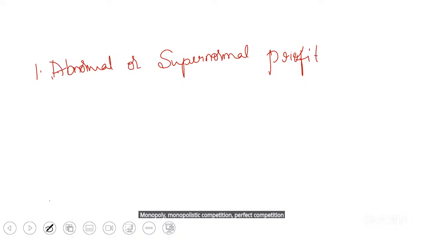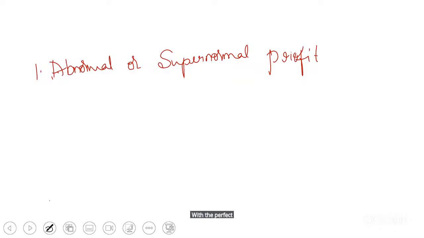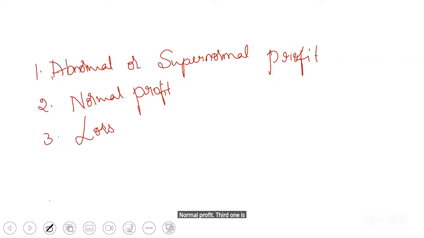But we'll start the discussion with perfect competition. So the first one is abnormal or supernormal profit. Second one is normal profit. Third one is loss.